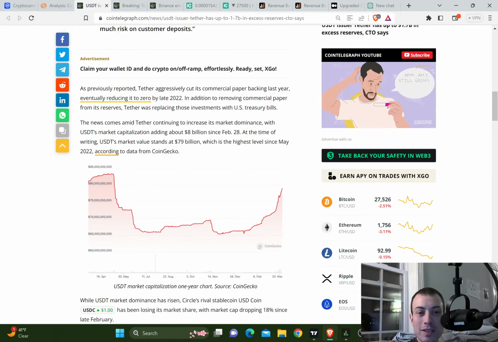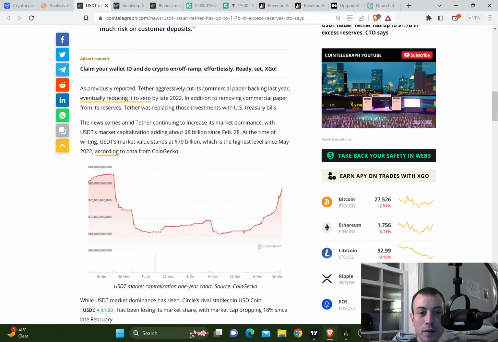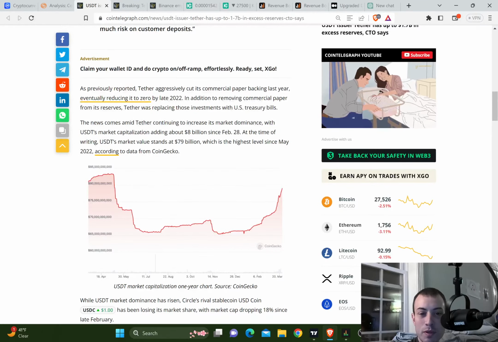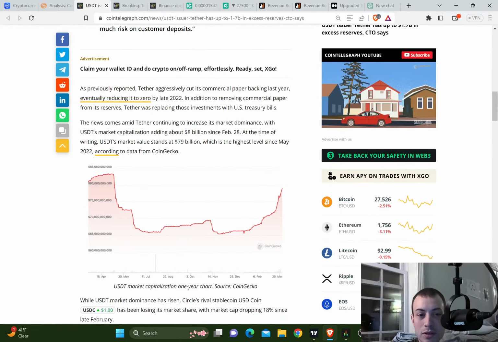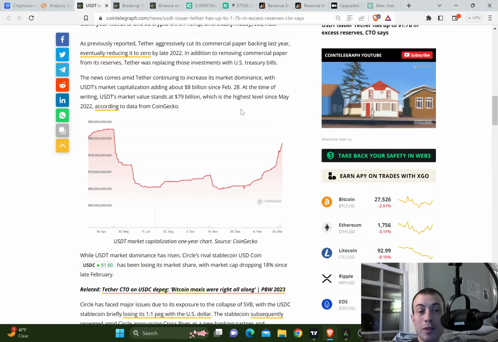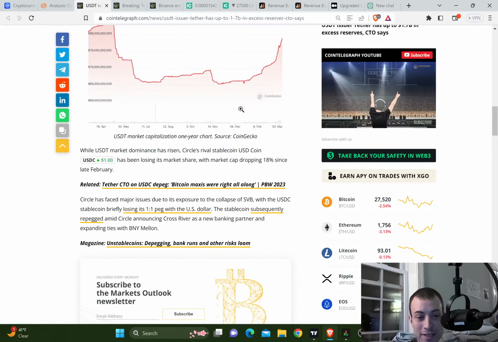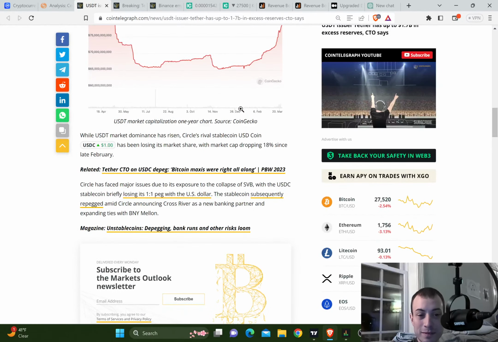Tether aggressively cut its commercial paper backing last year, eventually reducing it to zero by late 2022. In addition to removing commercial paper from its reserve, Tether was replacing those investments with U.S. Treasury bills. So they've got Treasury bills and Bitcoin on the balance sheet at Tether, as well as other assets, I think. That's pretty sweet.